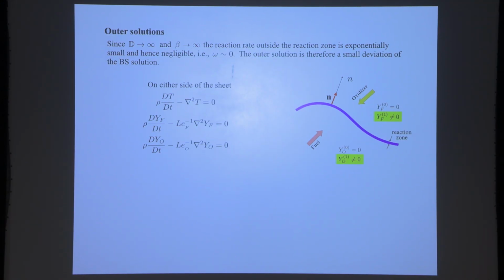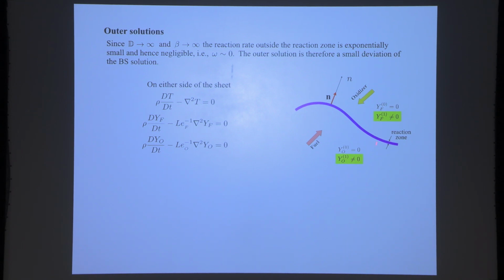There will be some mixing, some burning, but some will leak through. And similarly, there will be some leak of fuel in the oxidizer region. So the elements highlighted in yellow are, let's say, the new elements from the previous discussion.